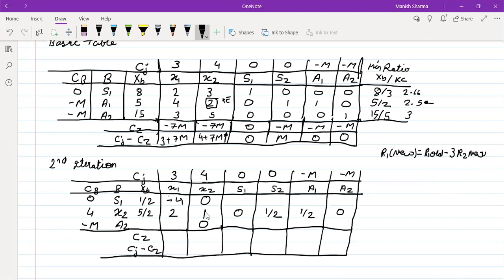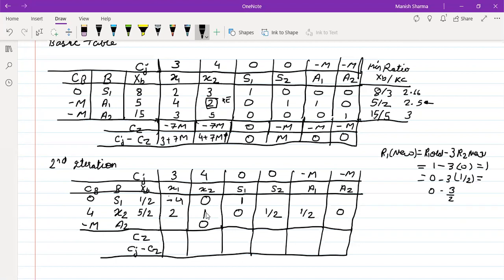Similarly, for the next value, 1 minus 3 times 0 is equal to 1. Correct? So here it will be 1. Next is 0 minus 3 times 1 by 2, that is equal to 0 minus 3 by 2.